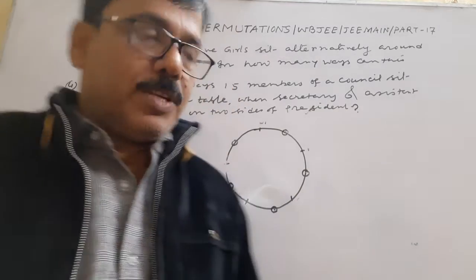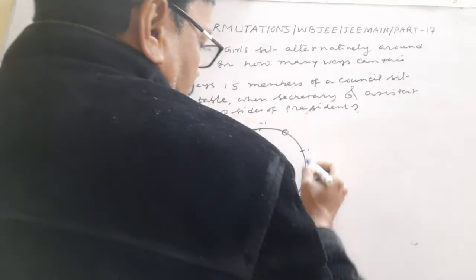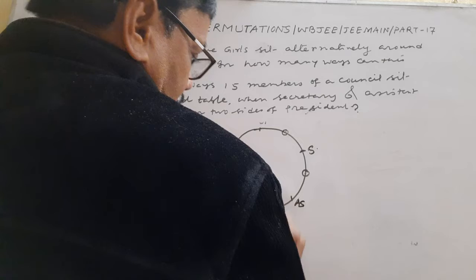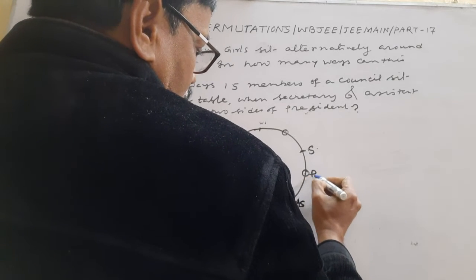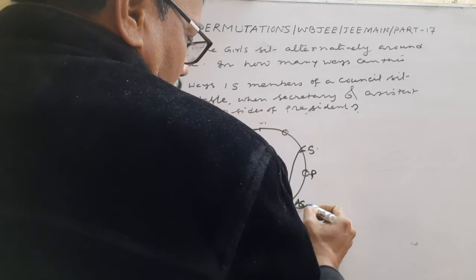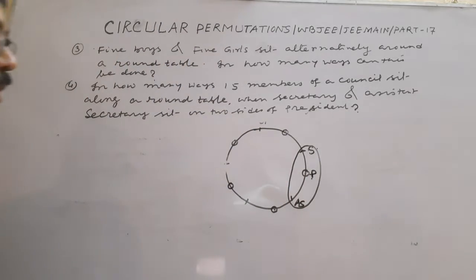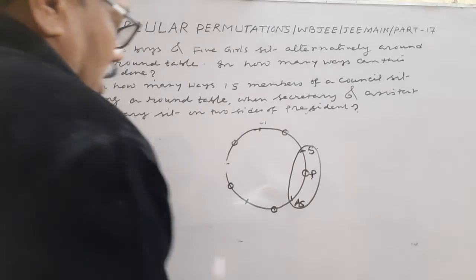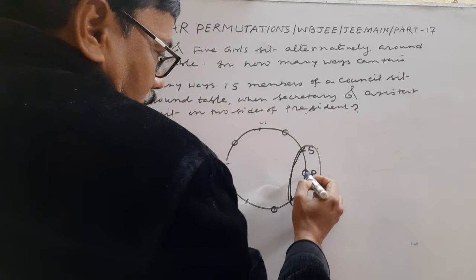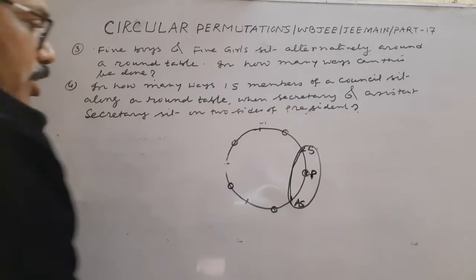Total members 15, but there is a restriction. This is the secretary, this is the assistant secretary, this is the president. So they are together, but the president is in the middle. There is a restriction.